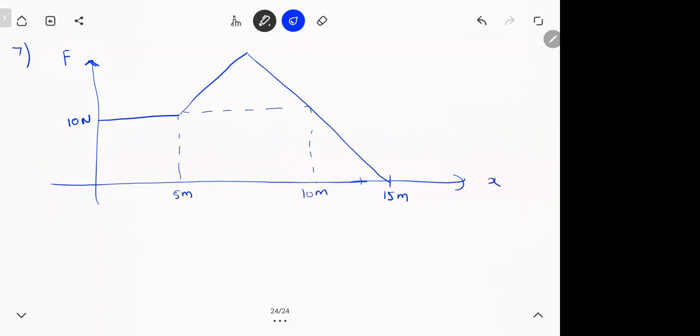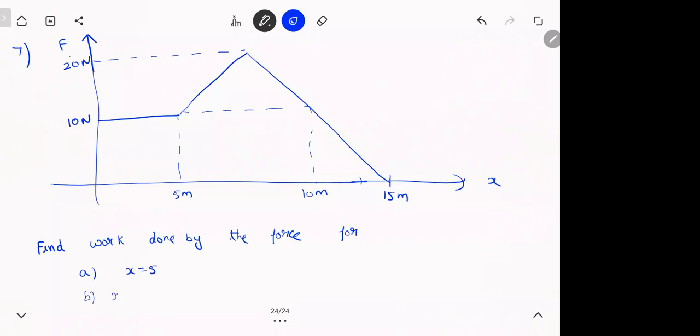This is an F-x graph. This was 20 newtons. So find work done by the force for x equal to 5, x equal to 10, and x equal to 15. Simple question. Find the work done up to 5 meters, 10 meters, 15 meters.